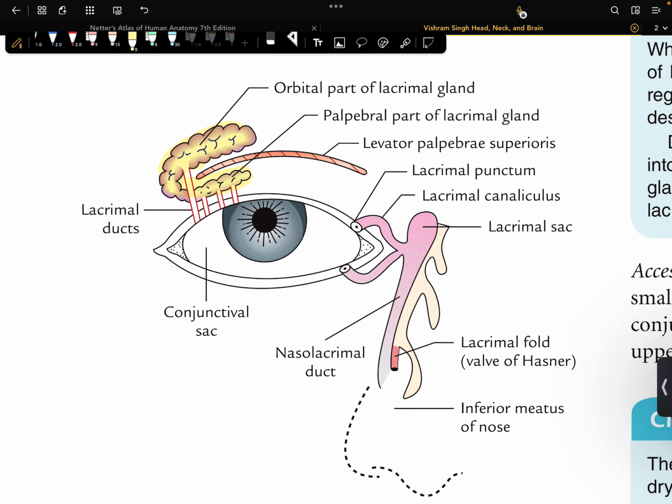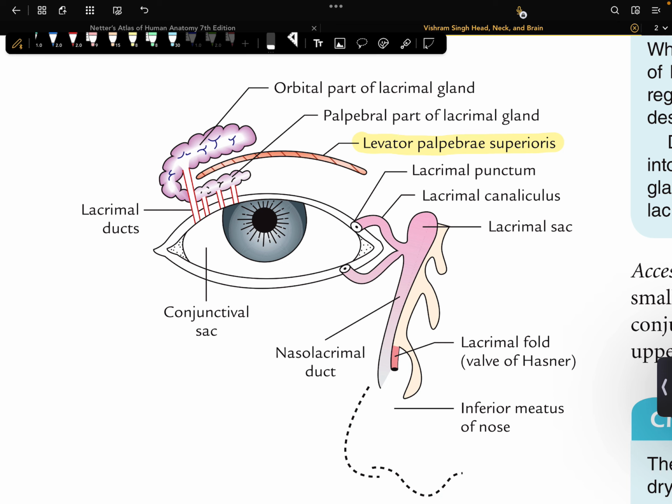This lacrimal gland is divided into two parts by a muscle, the levator palpebrae superioris.